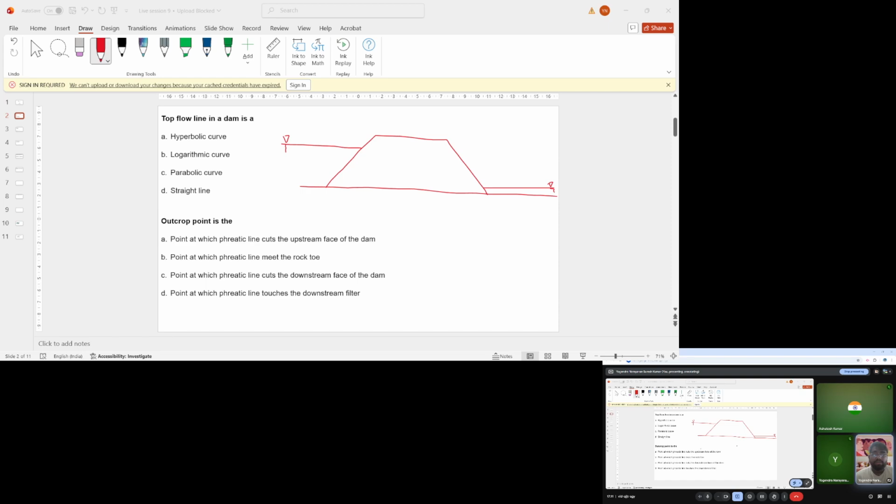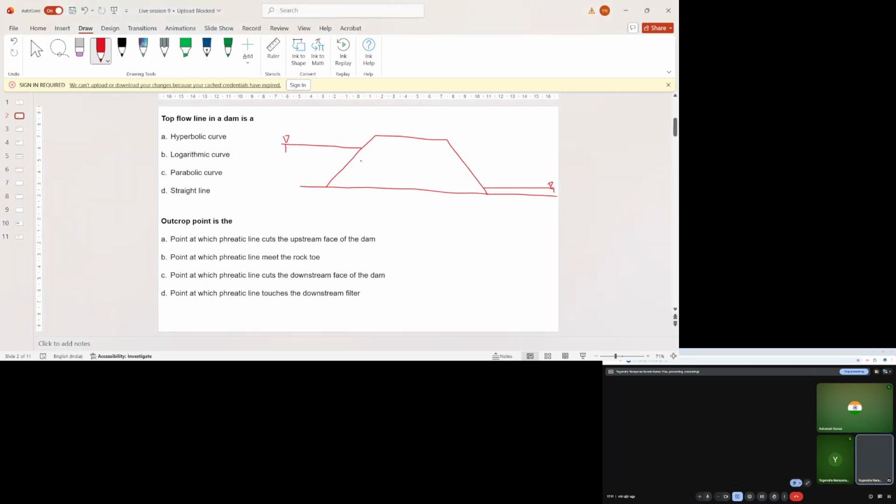We are not concentrating on the equipotential line now; we are concentrating on a flow line. The topmost flow line in this is what? Sir, from the water table level connecting to the downstream side. So this is known as what line?